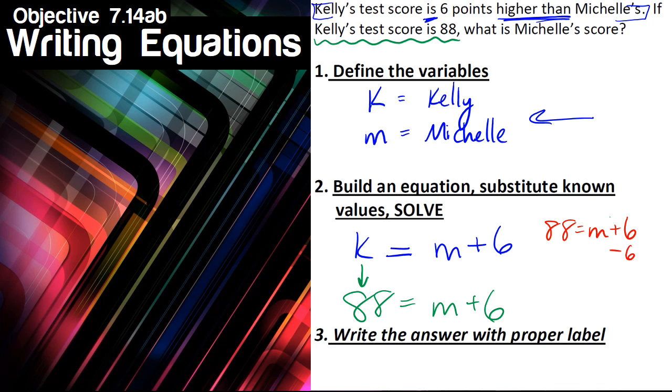We're going to go ahead and subtract 6 from both sides of our equation to give us M being equal to 82. So if we're going to write this out, Michelle's test score, M, we know that she scored an 82 on that test. Our proper label here, we can label this 82 points to give it a proper label.